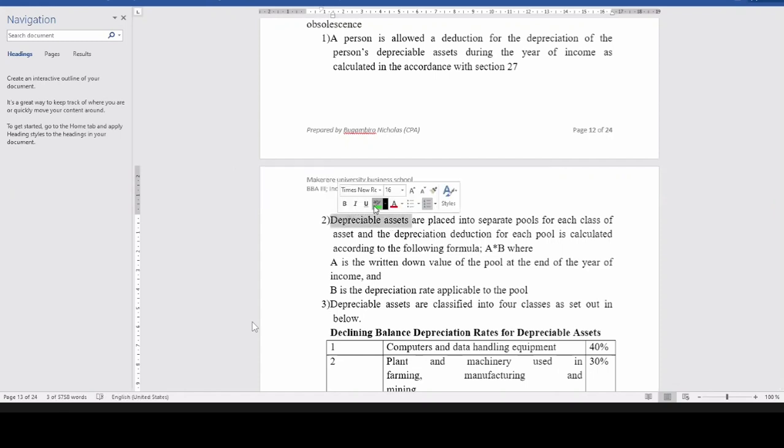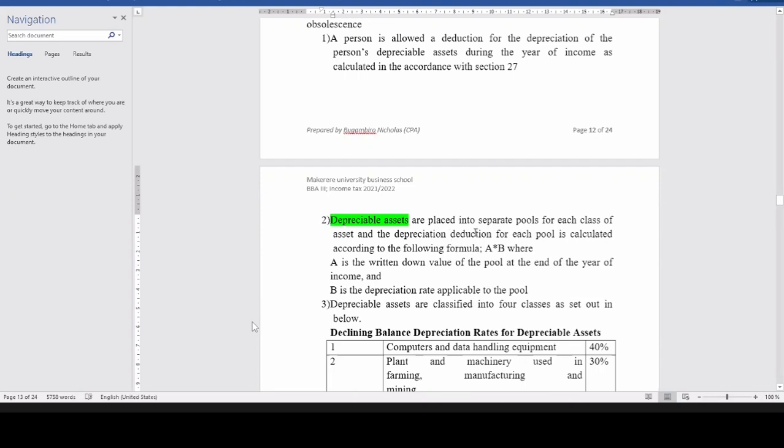They must be assets which are depreciable. We saw plant and machinery, can be implement, can be utensil, or any other similar equipment which has been put into use or it is held ready for use in production of income, including gross income, but should not include a minor capital equipment.